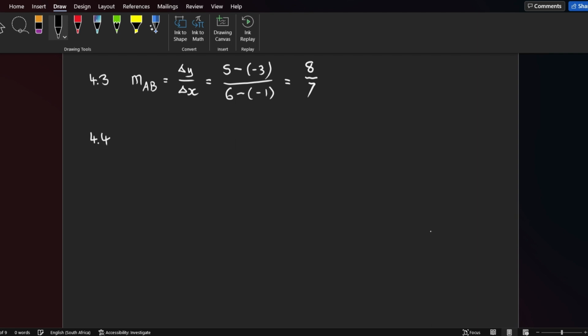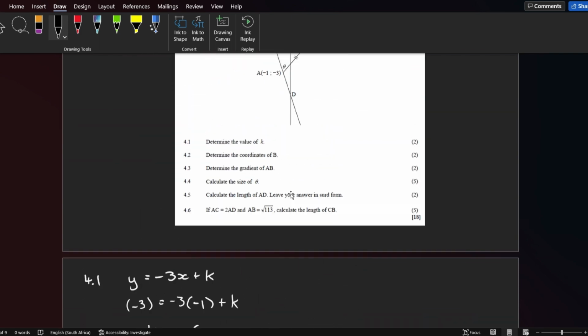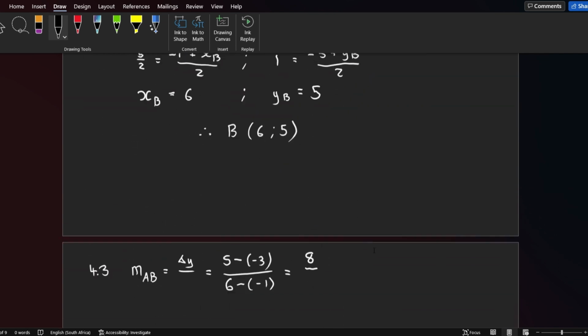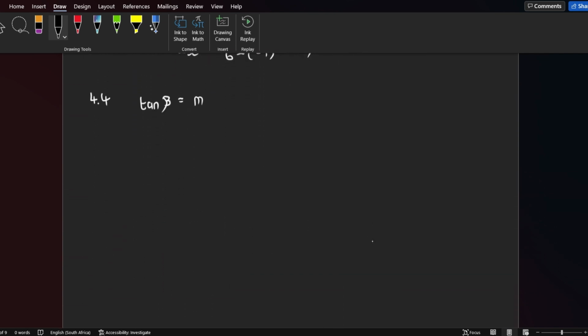We know the formula of the angle of inclination is the tangent of that angle. So tan of beta is equal to the gradient of CD. Either one, it's the same line.